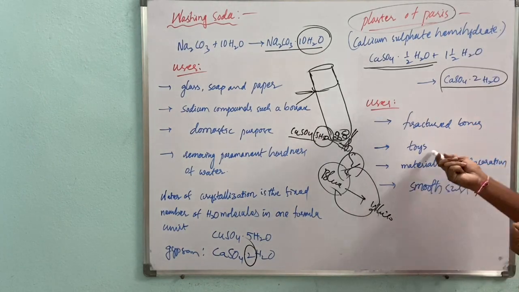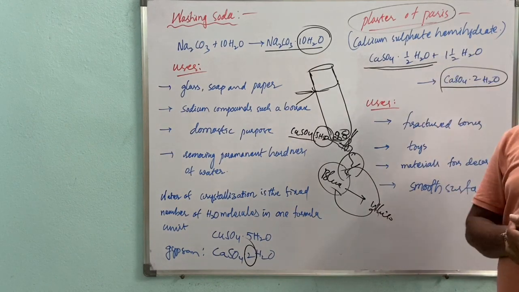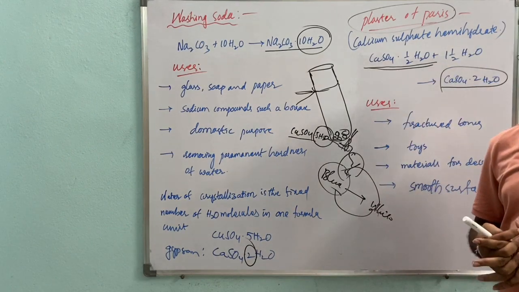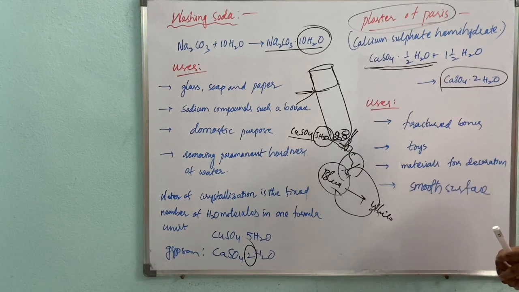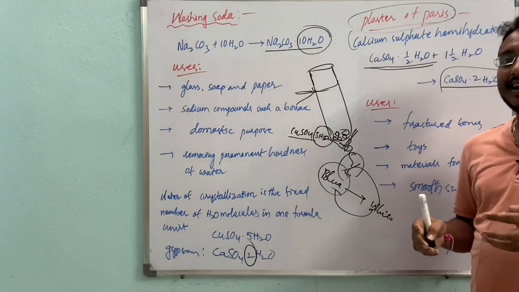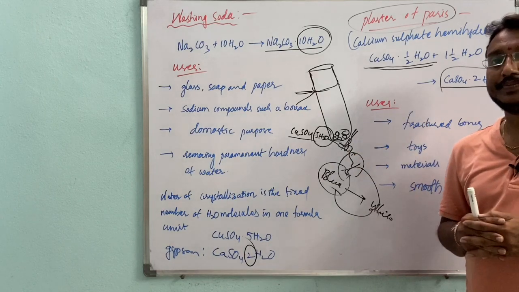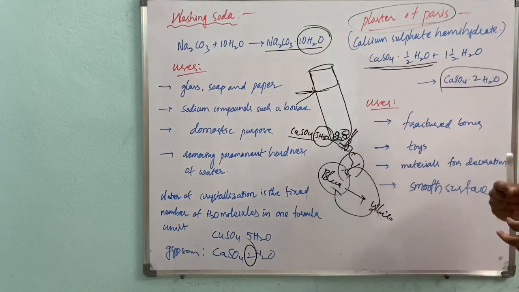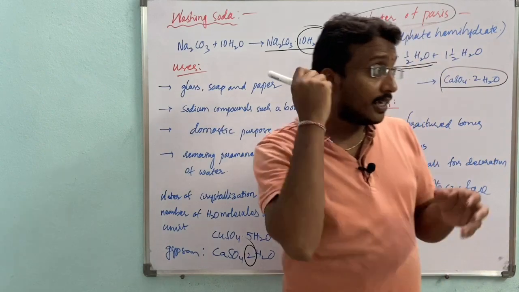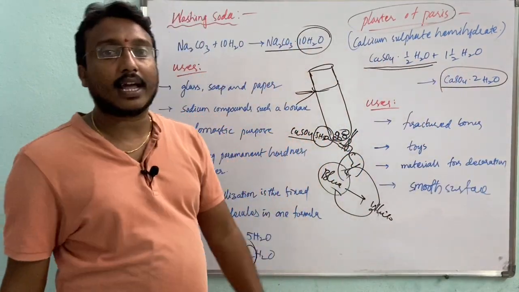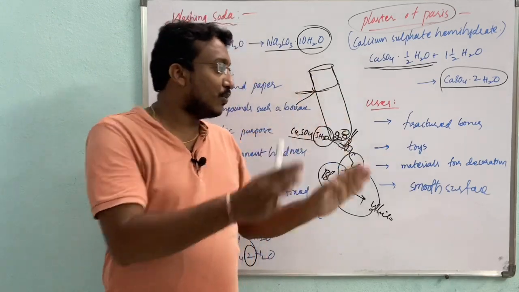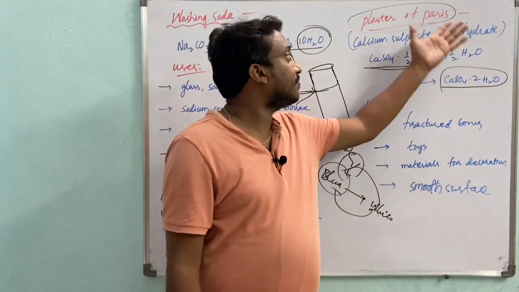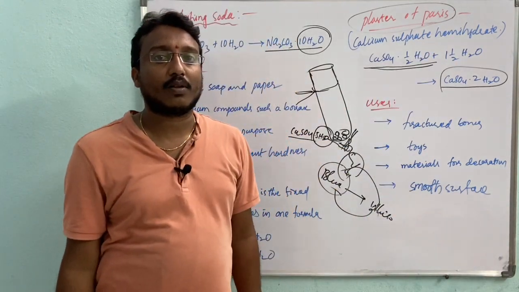Next, we use plaster of Paris to make toys and idols, and it is used to prepare decoration materials. Plaster of Paris is also used to make smooth surfaces, like walls in houses are made smooth using plaster of Paris.